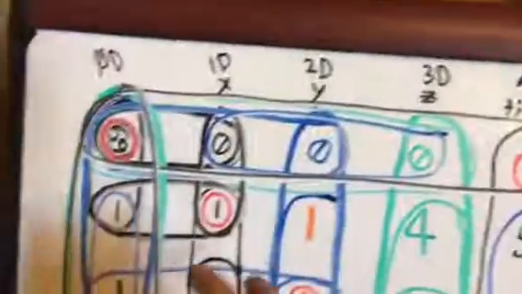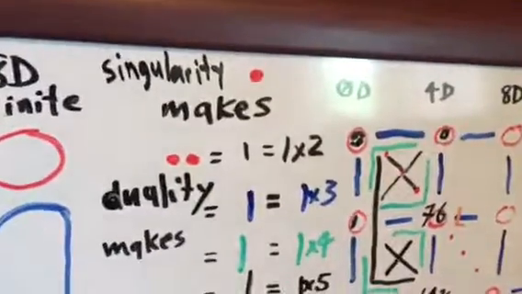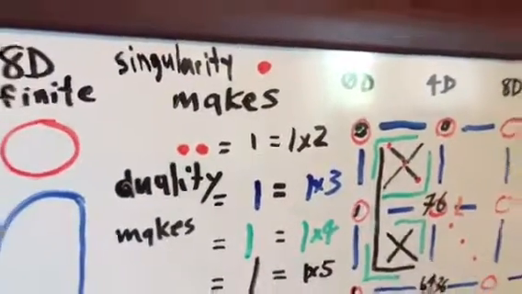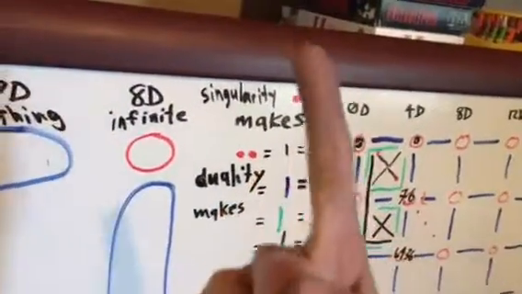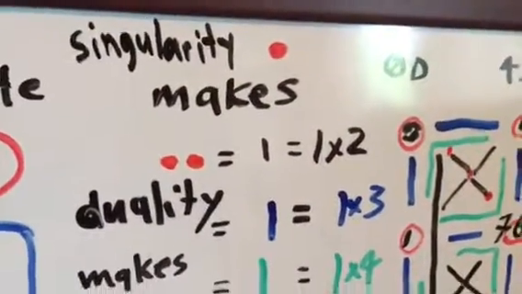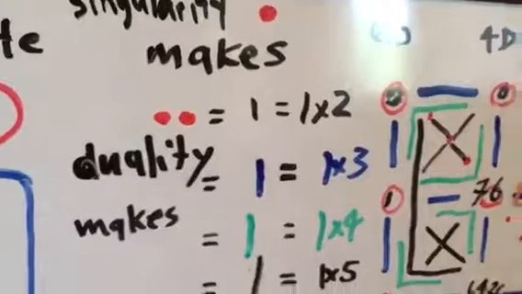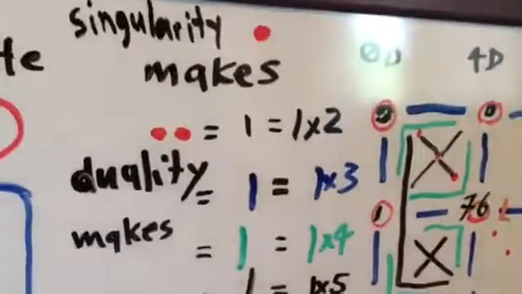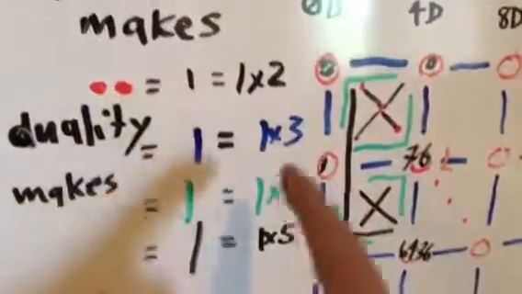Now, from all these lines, let's go from a singularity. One singularity will make 2 dots, from a certain point of view a 1x2, which is duality. Now, a 1 is going to equal a lot of things.